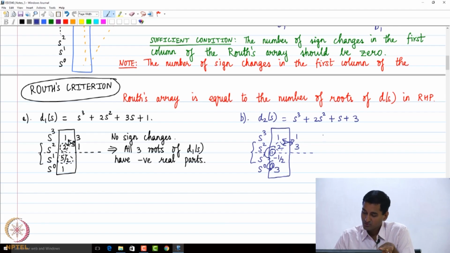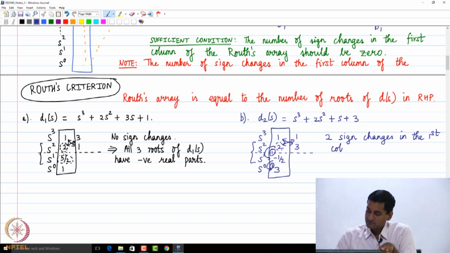So this implies that there are two sign changes in the first column of the Routh array. So what does it imply?